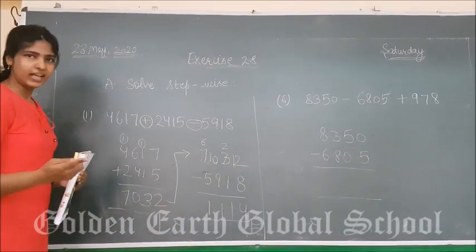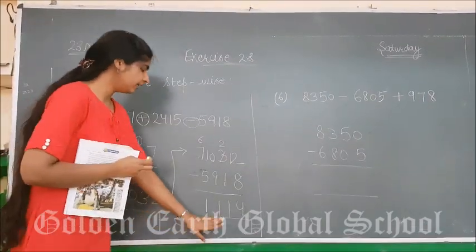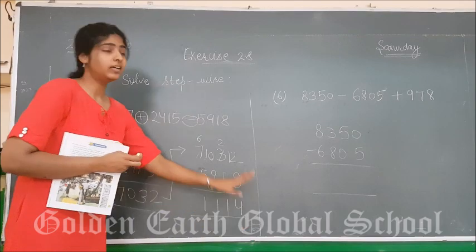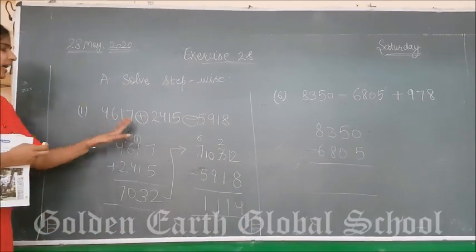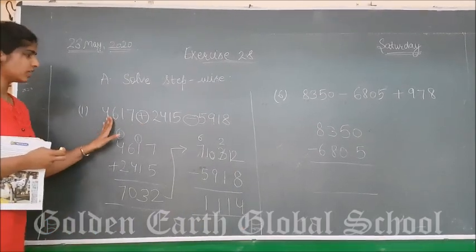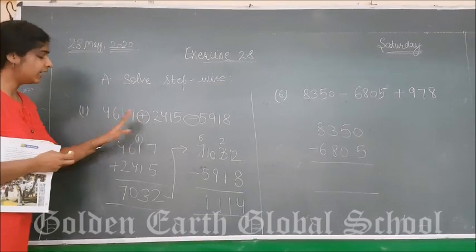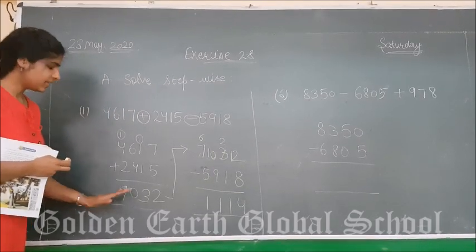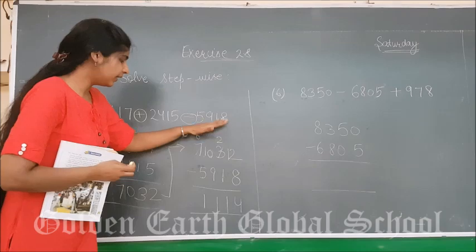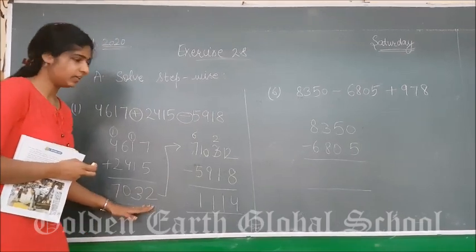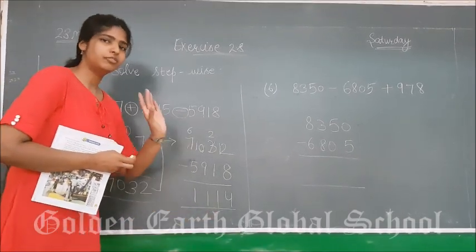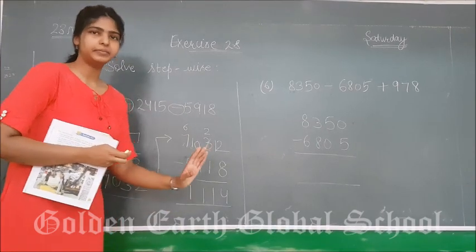So our final answer is 1114. Firstly आपके पास क्या था? Addition. You will use the concept of addition in first two numbers. Then what you got? Subtract the another number from that result. The answer you got is the final result. Clear?